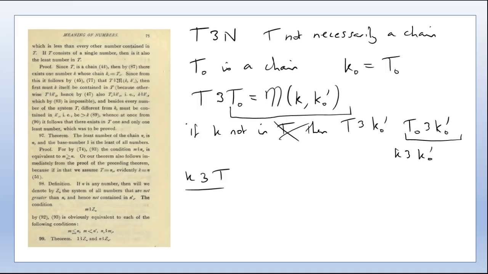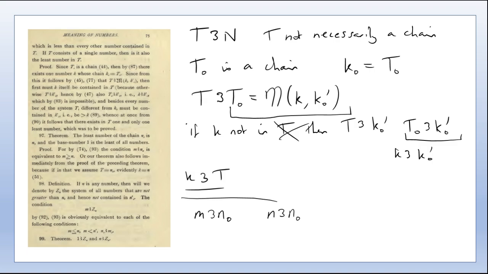By 74 and 93, the condition M is a part of N0 is equivalent to M is greater than or equal to N. Okay, so 93, M is greater than or equal to N. By 74, N is a part of N0, and by 93, M is a part of N0.